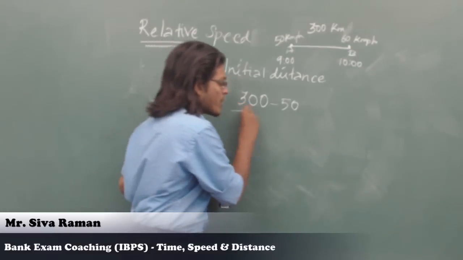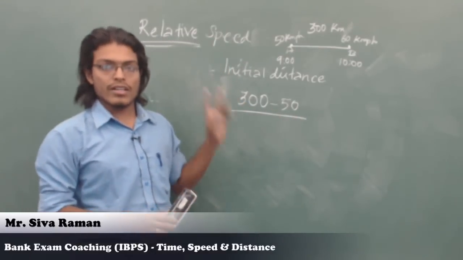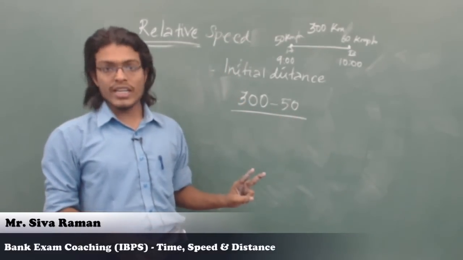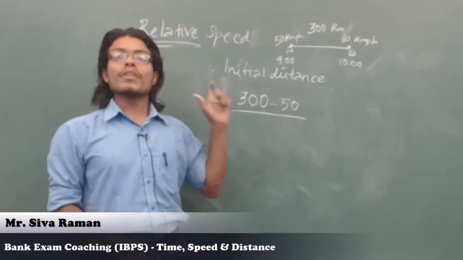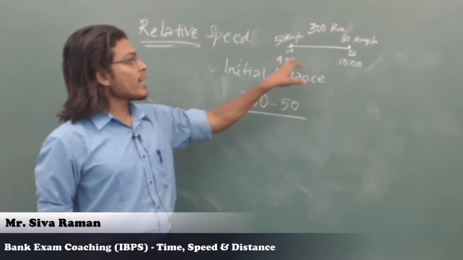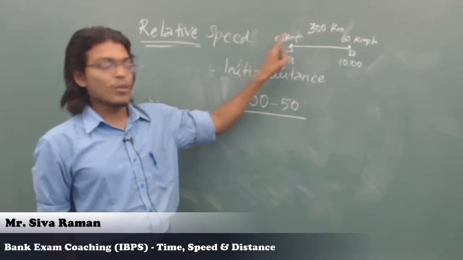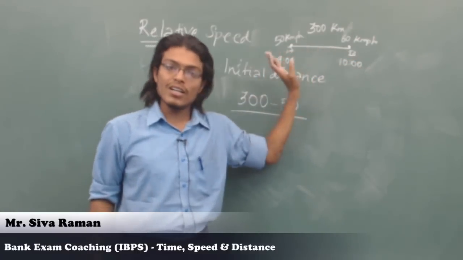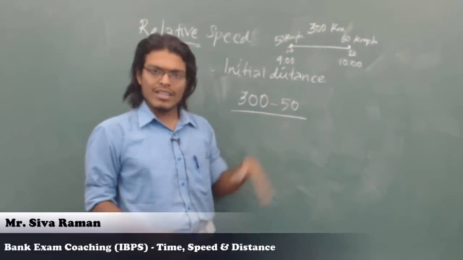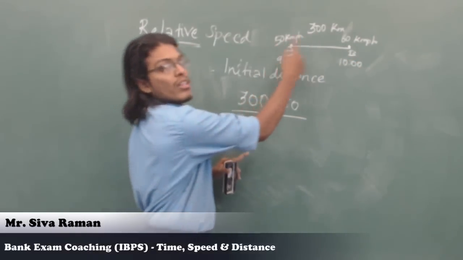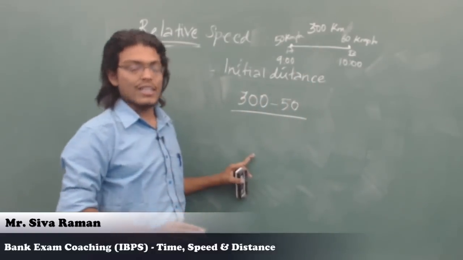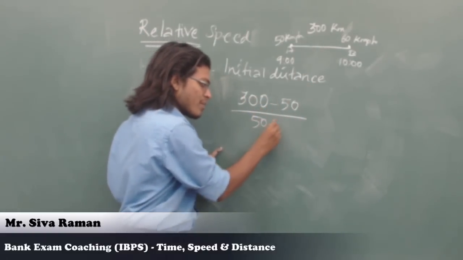Right? This is going to be the initial distance, the distance between two moving objects when both of them are in movement. Here at 9 o'clock only one bus is in movement. Only at 10 o'clock both the buses are in movement. So we have to subtract this distance, divided by, when both of them are traveling in opposite directions, the relative speed, which will be 50 plus 60.